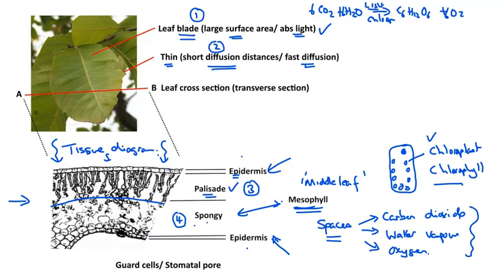And our fifth feature and final feature is that in the lower epidermis, there are specialized cells called guard cells, and these form pores called stomatal pores. We have one just here. And these stomatal pores allow carbon dioxide to enter the leaf, and they allow oxygen to leave the leaf.